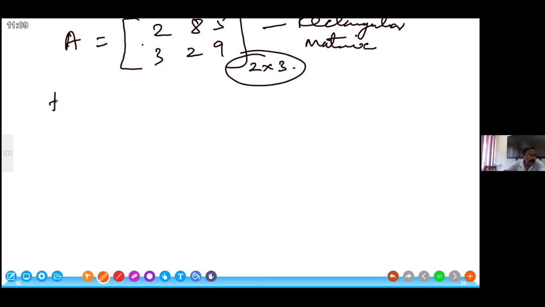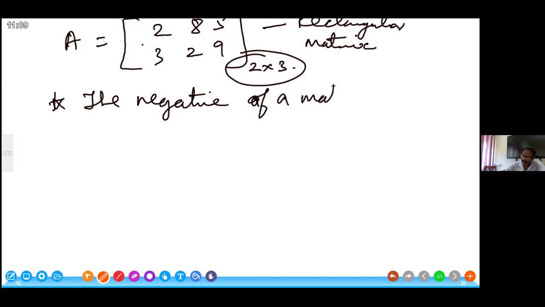Next one is the negative of a matrix, which is simply given as minus A. The negative of a matrix is actually minus 1 multiplied by A. So here the scalar is minus 1.